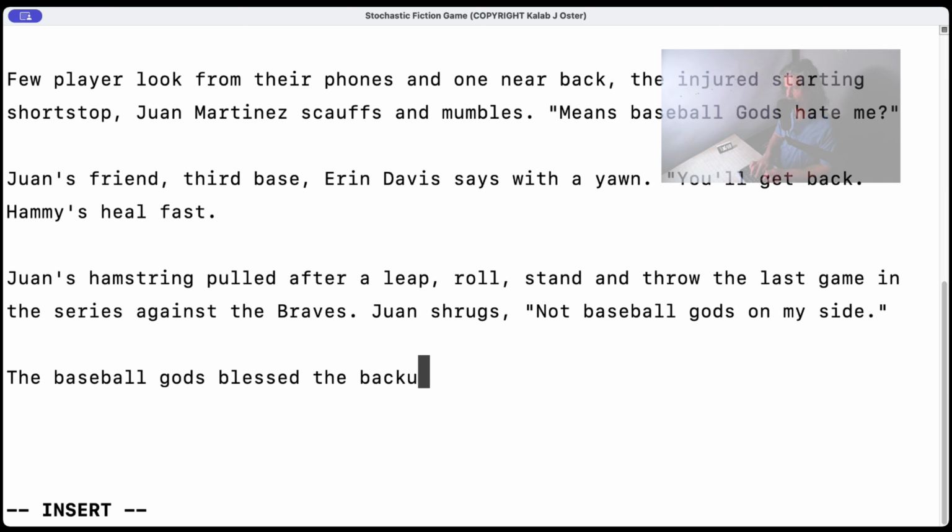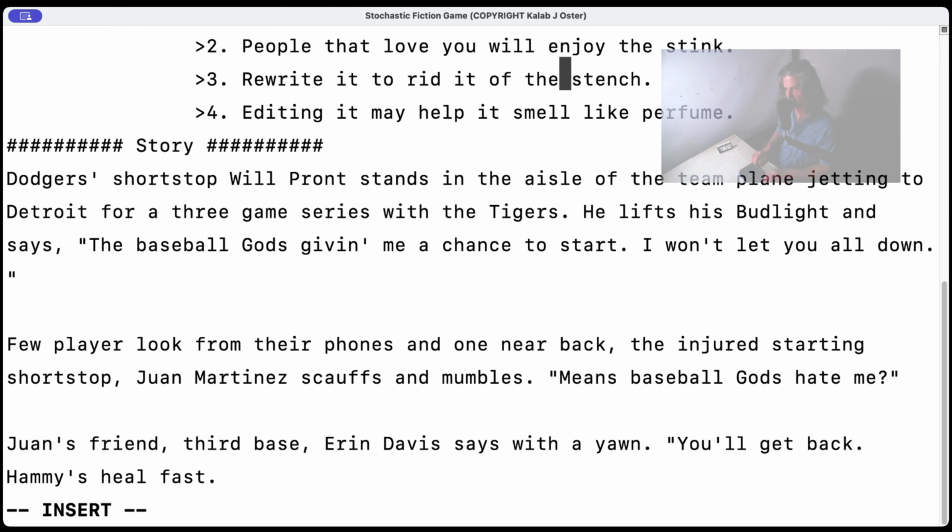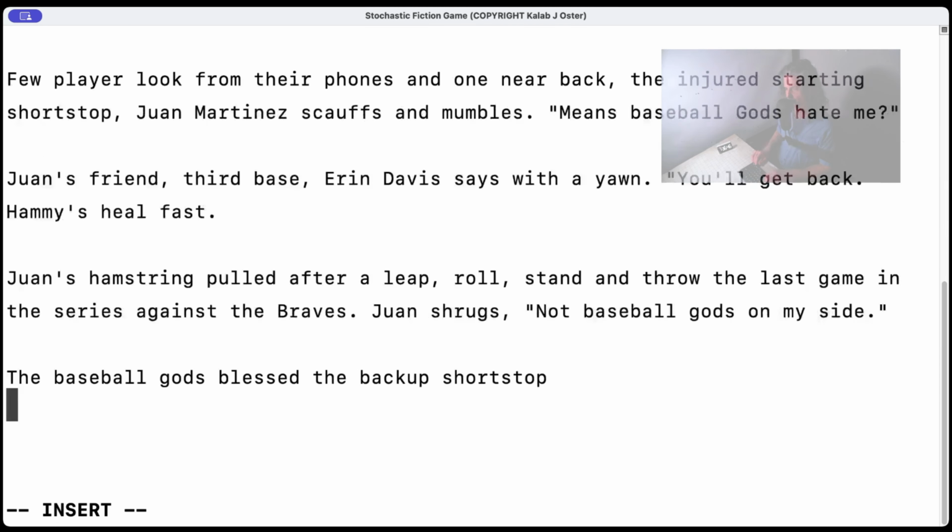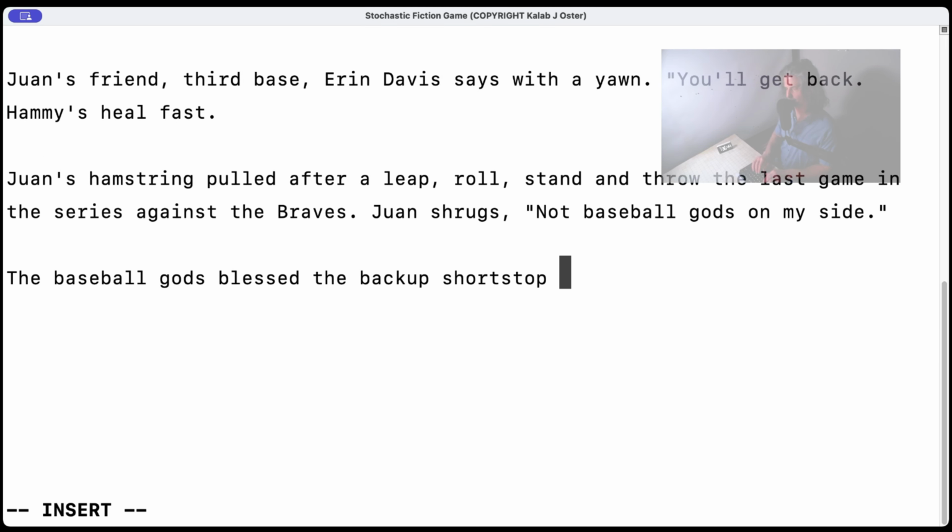Bless the backup shortstop. Who was the backup? I already forgot. Will Pront. One game MVP.